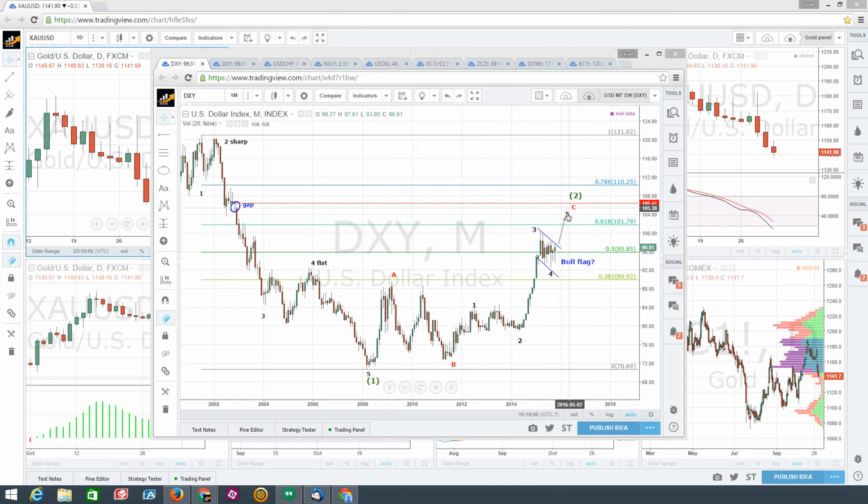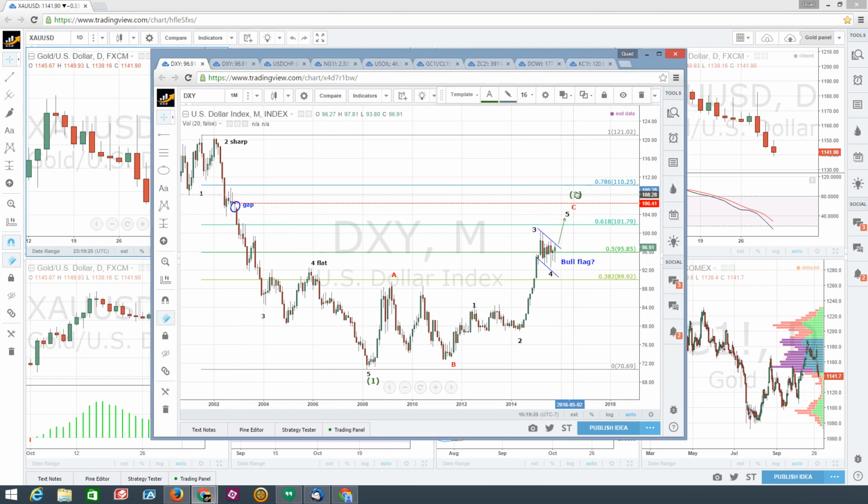But there's also a chance it could come up and fill in this gap to the downside that occurred back here in 2002. The gap opening, the top there, is at 106.41. So that's another potential target for this move. But once it's finished, I do think this is a completion of a wave 2 or a wave B, and it could turn right back around and we could see an impulsive drive to the downside thereafter.